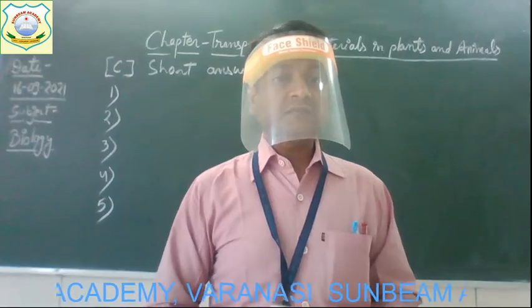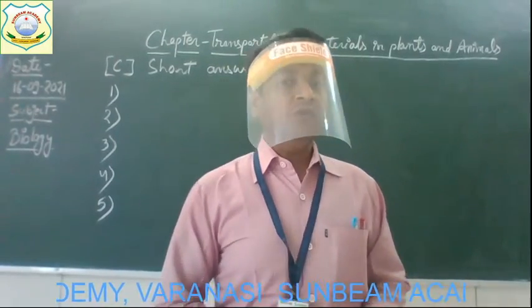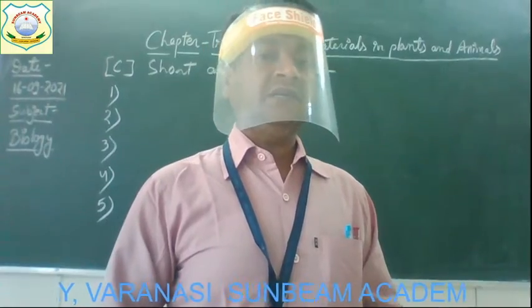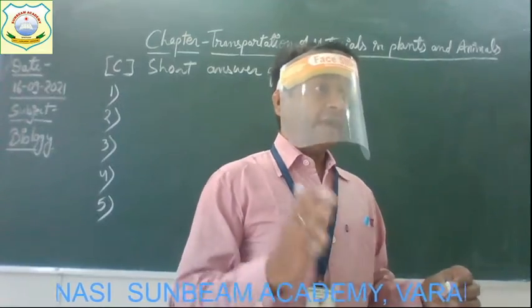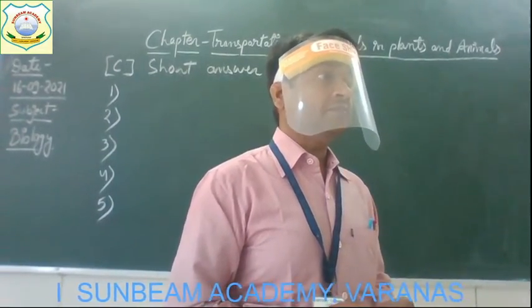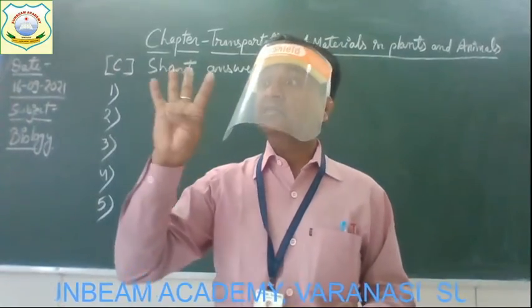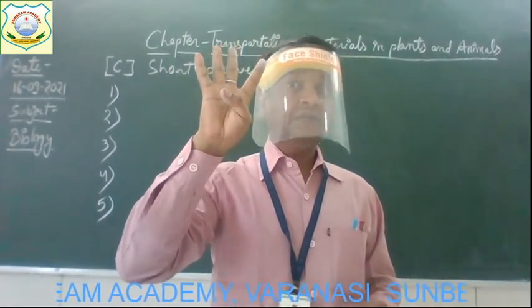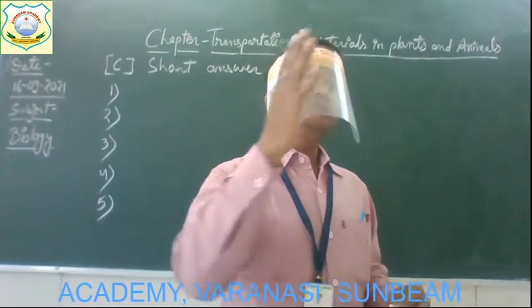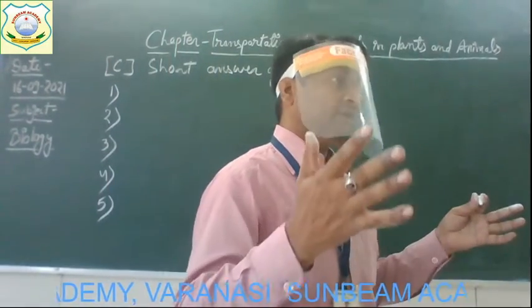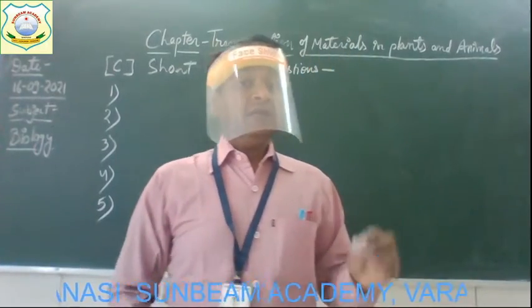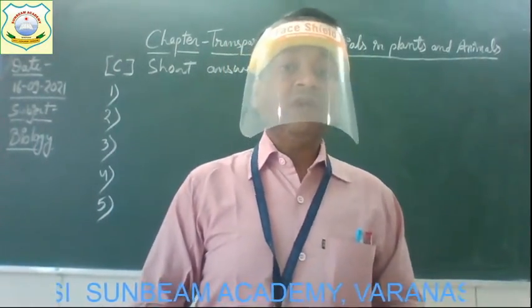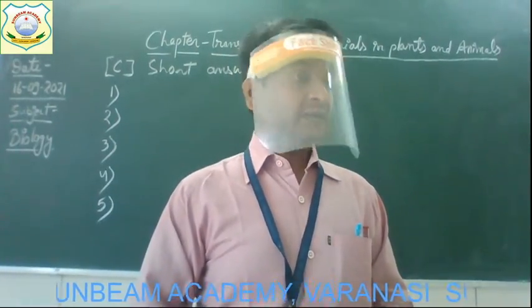Now come to the next question, number 5: what prevents the blood from going in the wrong direction in the heart? Remember that we have discussed the different chambers of the heart with the help of a diagram. The human heart has four chambers, and every chamber takes in the blood and sends the blood, and the blood does not mix in any of the chambers of the heart.